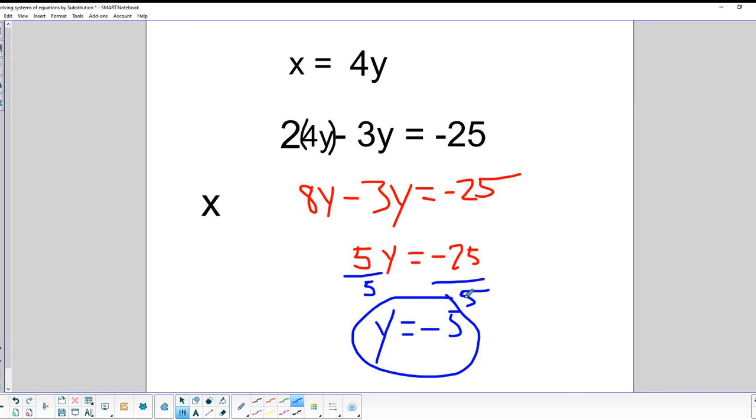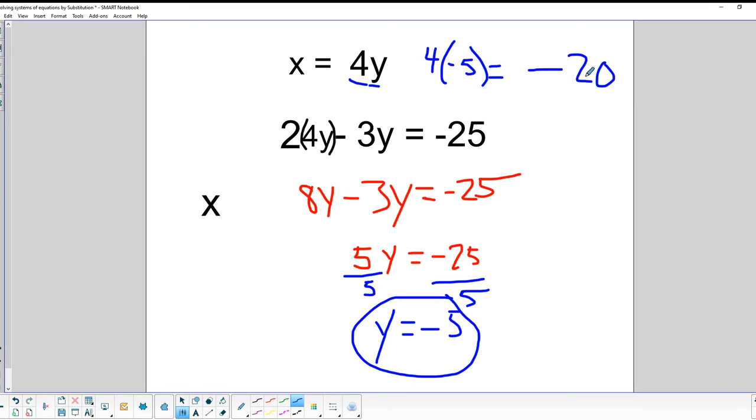So there's half of our final solution. And we know that x is equal to 4 times y. And now that we know what y is, we can just substitute it back in up there and do 4 times -5, which equals -20. So our x value is -20.